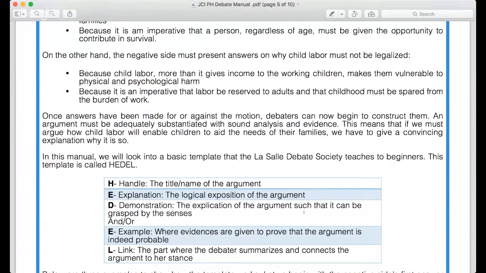Then you move on to the demonstration, the explication of the argument such that it can be grasped by the senses. A while ago, if you've noticed, I already tried to demonstrate all of these things. But maybe in this particular instance, you can talk about the dynamics of what happens in the bedroom, how women cannot do anything, and how convenient it would be for them to report such kinds of abuses.